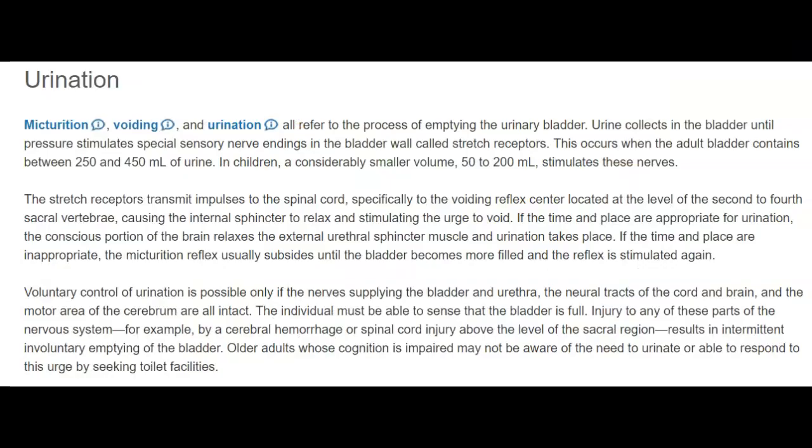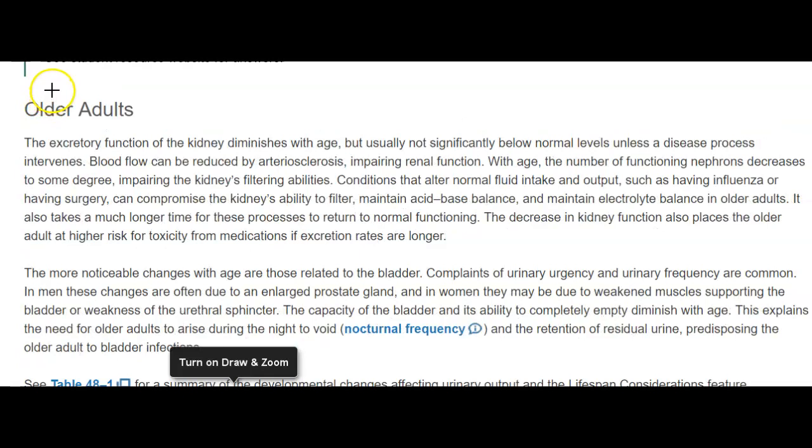Take a quick read on this urination section that's found in your book. I believe it's on page 175. I'm not 100% sure, 175, 174, one of those pages, or 177. I also wanted you to look on page 177 about the older adult.